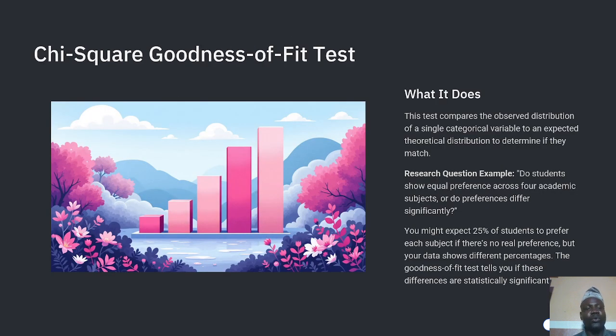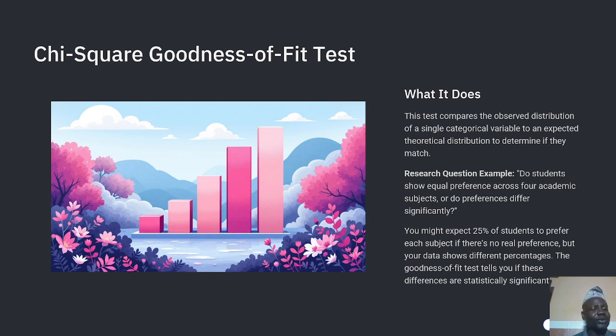So the goodness of fit chi-square compares the observed distribution of a single categorical variable to an expected theoretical distribution to determine if they match. So, for instance, you can ask: do students show equal preference across 4 academic subjects, or do preferences differ significantly? Like I have said in the earlier part of this video, the parents factor is taken away.